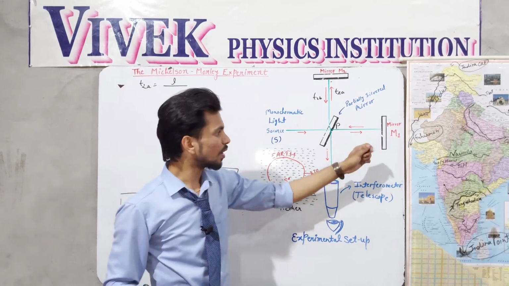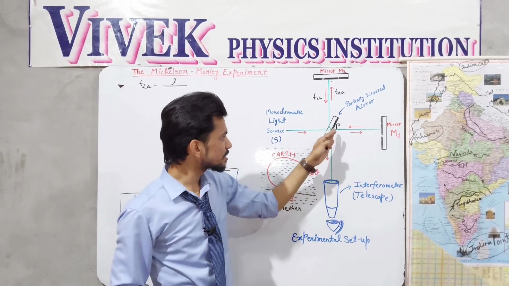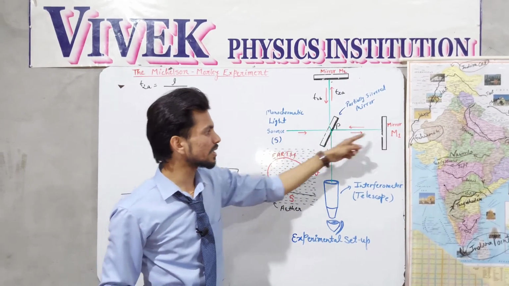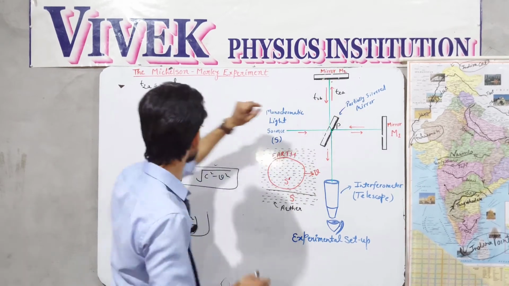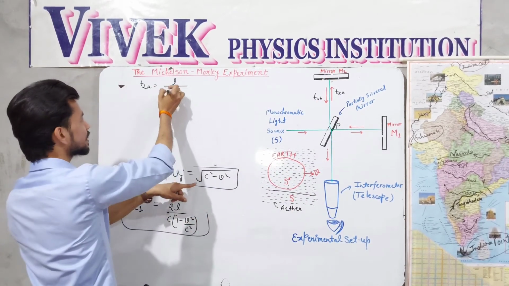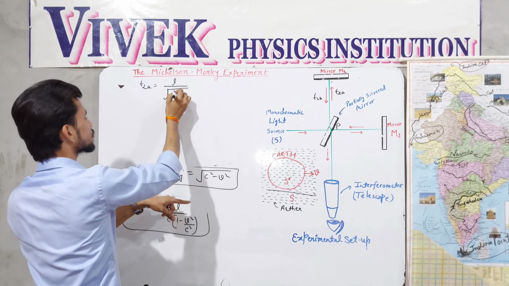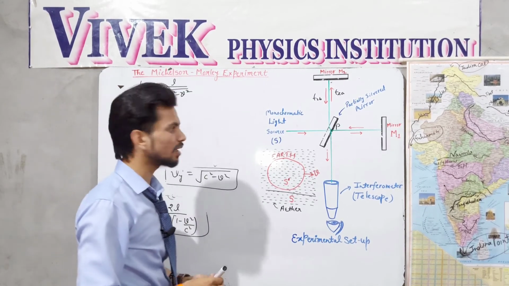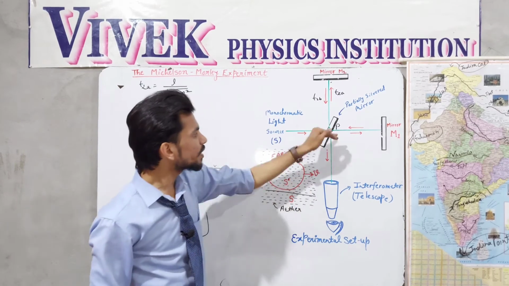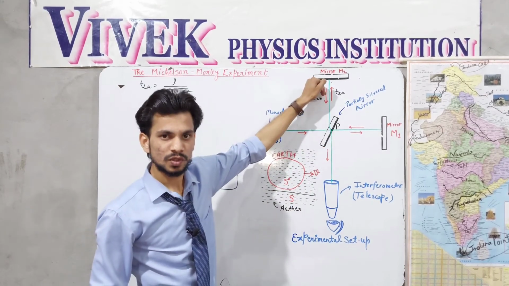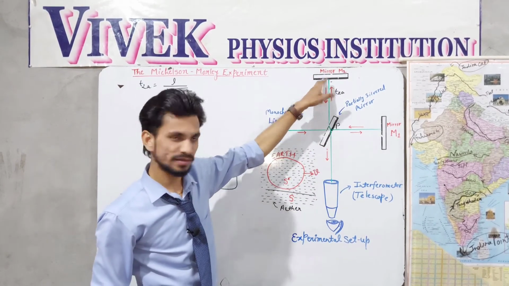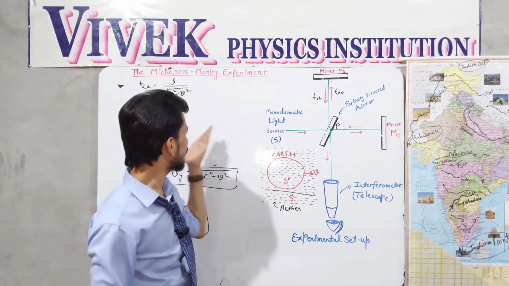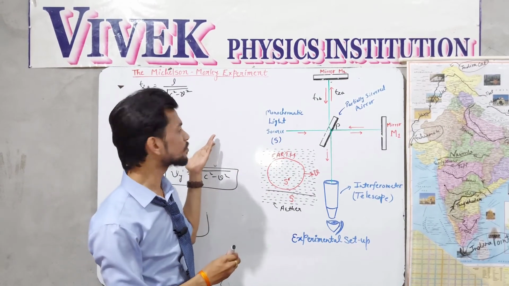I have told you both the mirrors are situated at the same distance from this partially silvered mirror. This is L, this is as well L. So distance over velocity, and the velocity is square root of c square minus v square. Again you can see here Earth is not moving in the y-axis, so the Earth component in the y-axis is 0, just as I have written here.